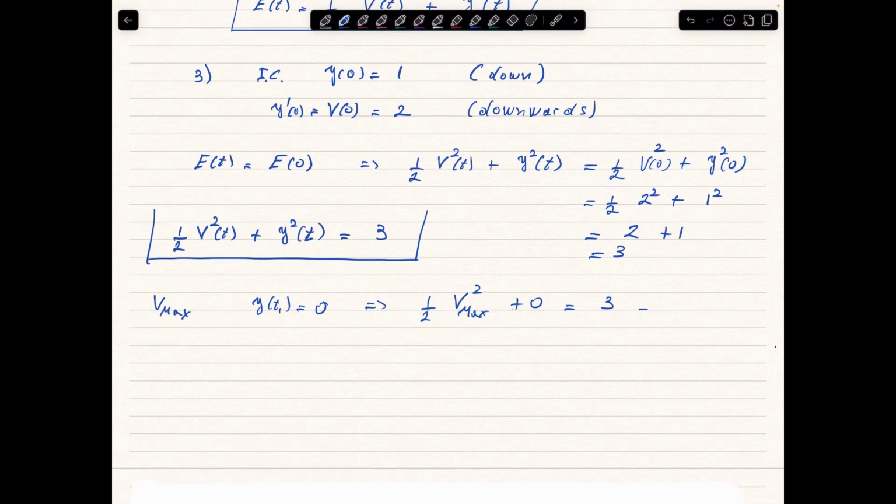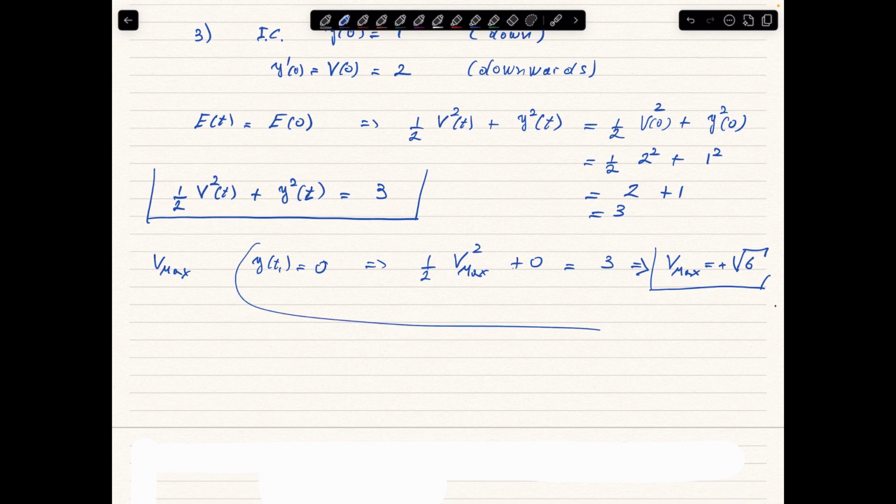So obviously v maximum has to be square root of 6, positive or negative. I'm going to choose the positive, it doesn't matter. Positive or negative says in which direction. Okay, that is the maximum velocity.